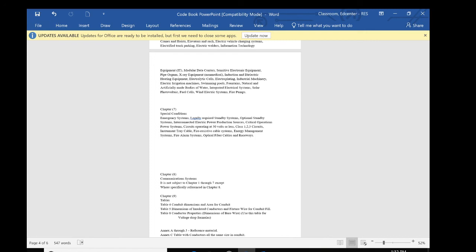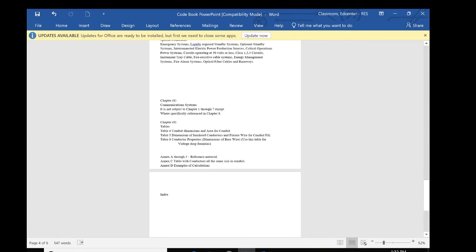But there again, that's something that I think in the near future we'd probably like to pick up and would be a complement to wiring and what we do as far as power wiring. Optical fiber cables and raceways. Then 8, communication systems. Communication systems not subject to Chapter 1 through 7, except where specifically referenced in Chapter 8.